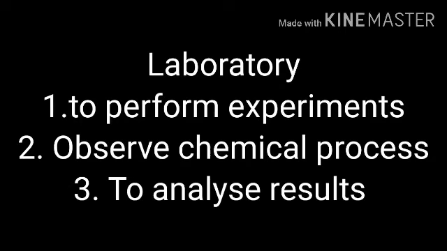After performing the experiments, we observe the chemical changes. After that, we analyze the results. A chemical laboratory is a place to perform experiments, observe chemical processes and to analyze results.